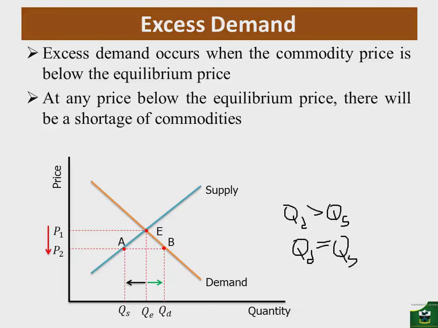The bigger question is, how then do we attain equilibrium if we have excess demand or a shortage in the market? How do we ensure that the market is back in equilibrium? To do so, let's consider the second graph here.